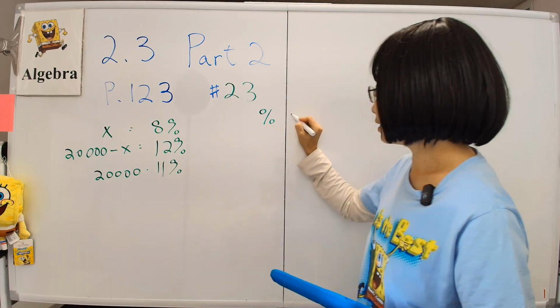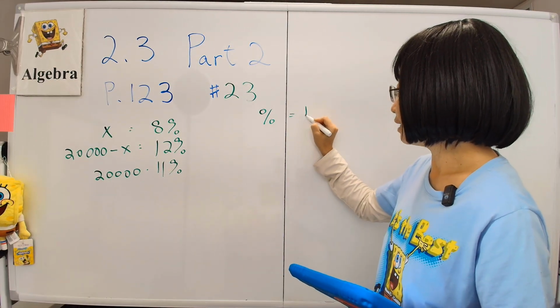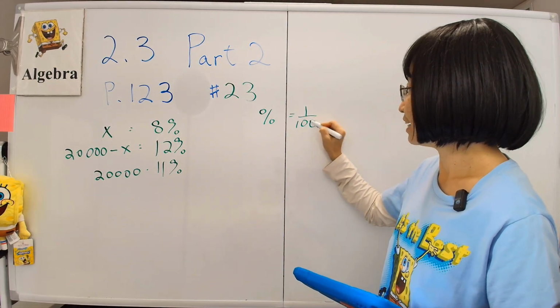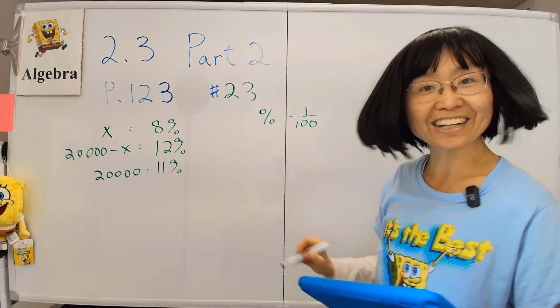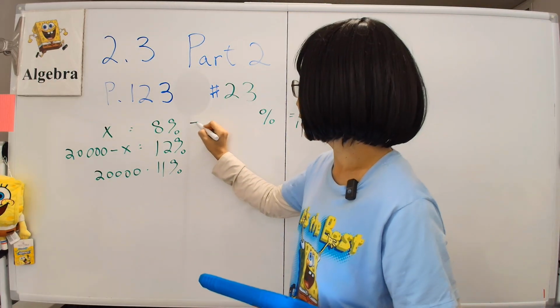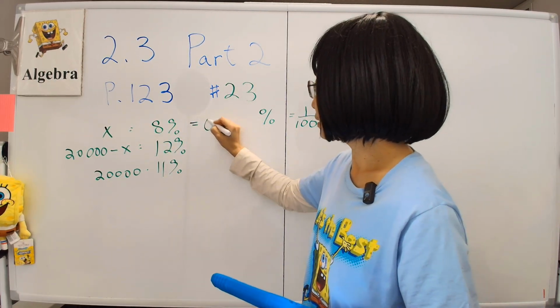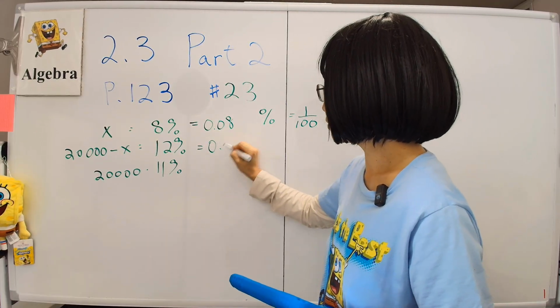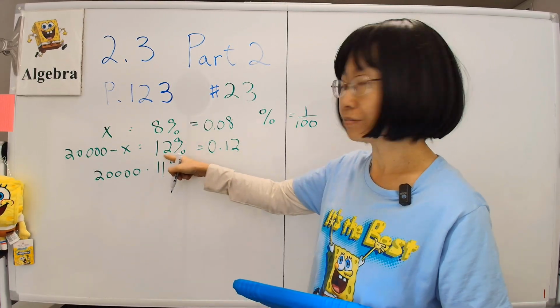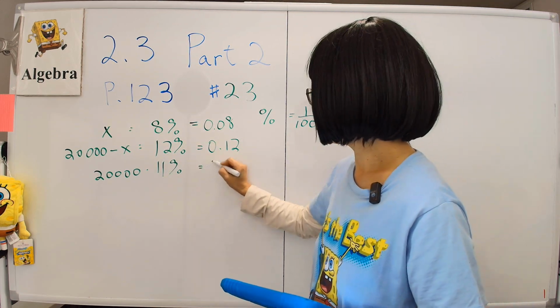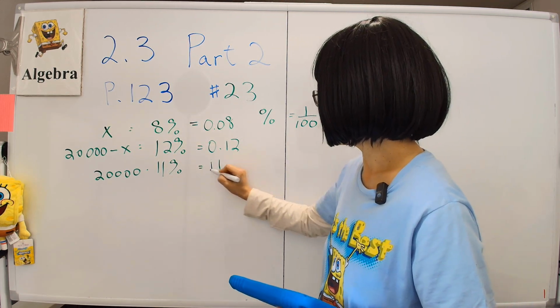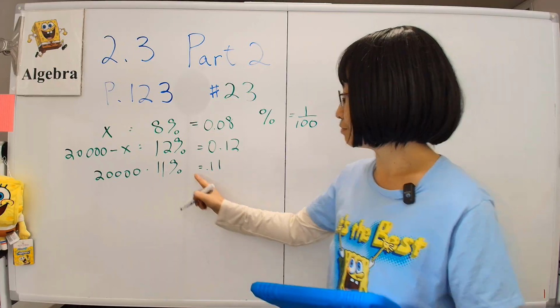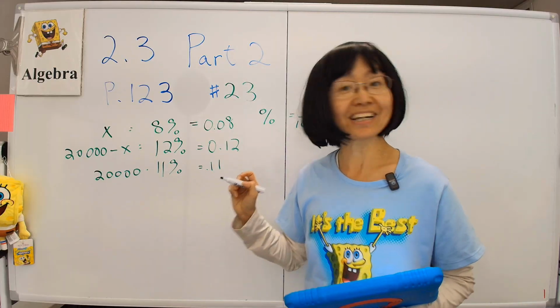That means 1 out of 100. See, this is the 1, 0, 0, okay? So this is the same as 8 over 100 or 0.08. And similarly, this is equal to 0.12 because it's 12 over 100. And this is equal to 11 over 100 or 0.11. I will skip writing the 0 here.